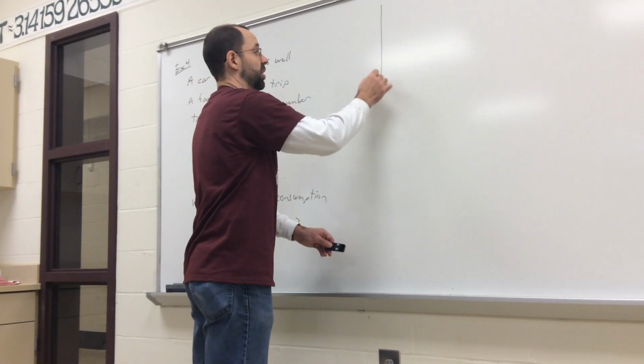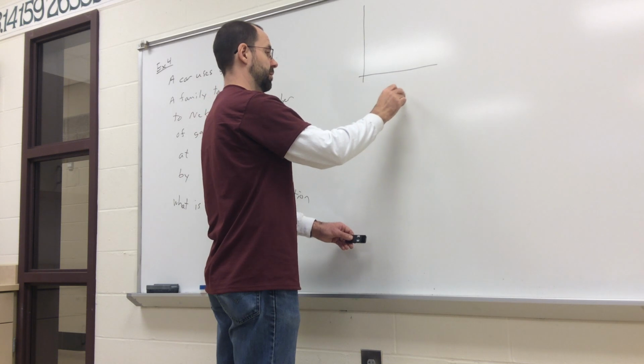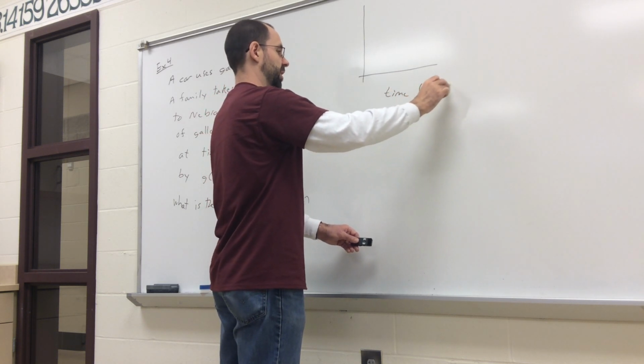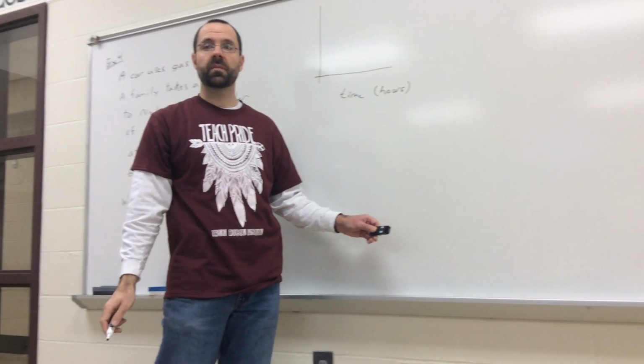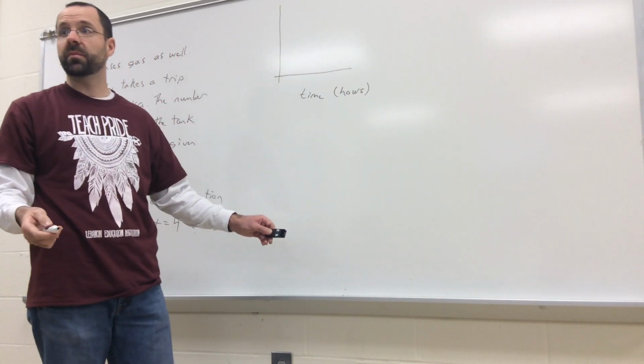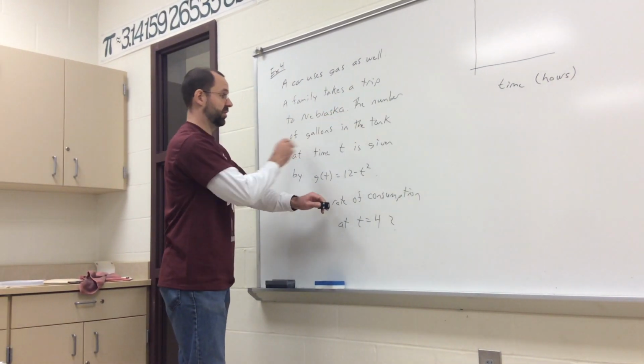Okay, so again, we're going to look at this graph, and this graph would input time, which I don't think I specified yet, but let's say the time's in hours, just like on the last problem. And then this time, the output is the number of gallons, right?